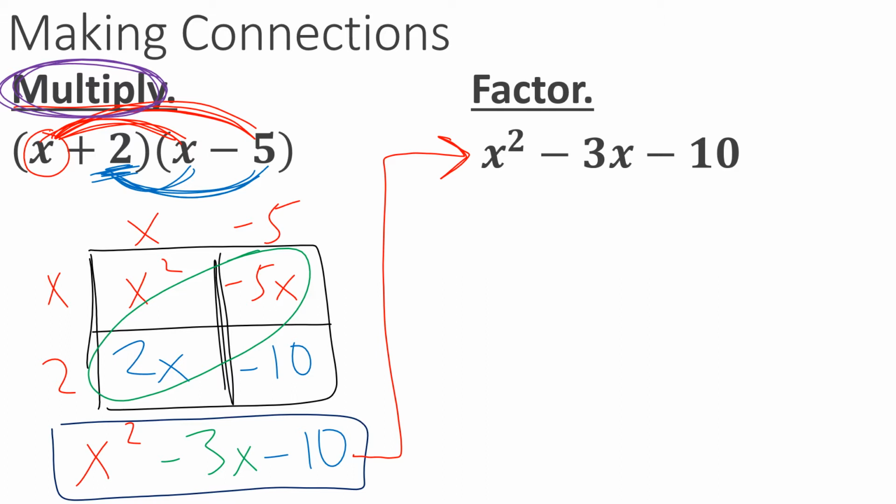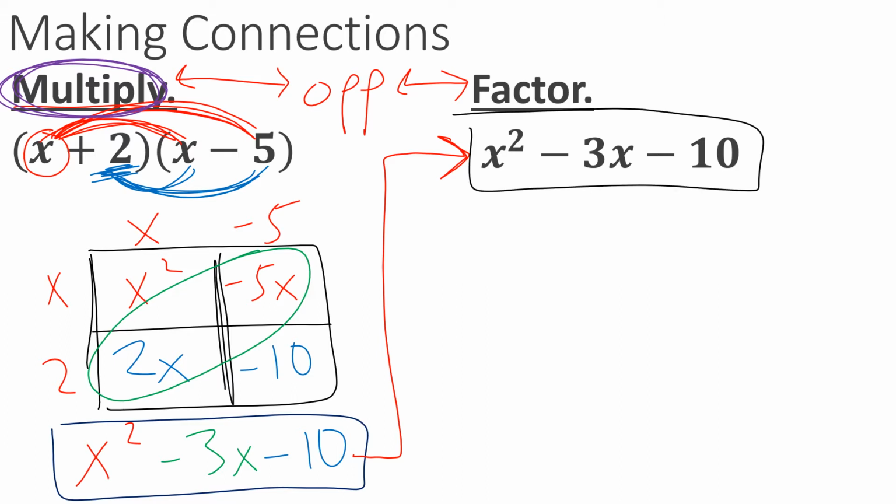Remember, factoring is the opposite of multiplying and vice versa. Factoring and multiplying or distributing are opposites. So what we're about to do is figure out how to take this and get back to this.